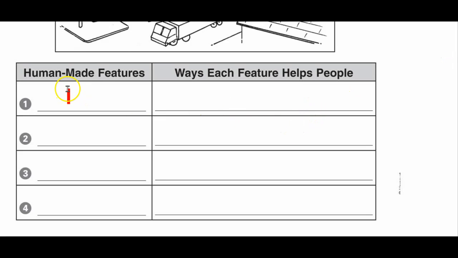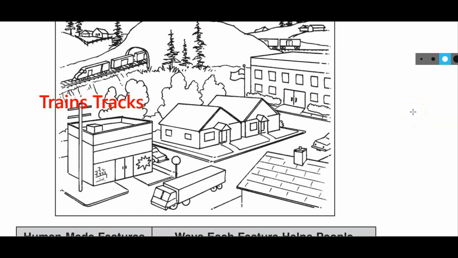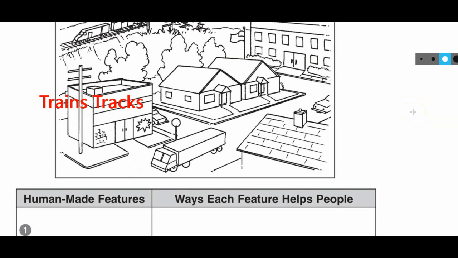So what's a human-made feature that you see in the picture? A what? A train? What the train is on? So train tracks. Good. What's another one? Okay, building. What kind of building? So, okay, hold on.